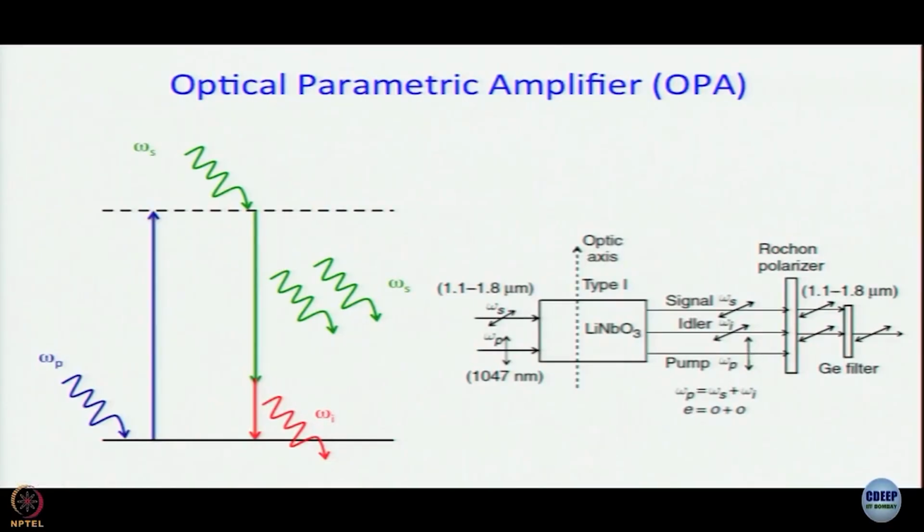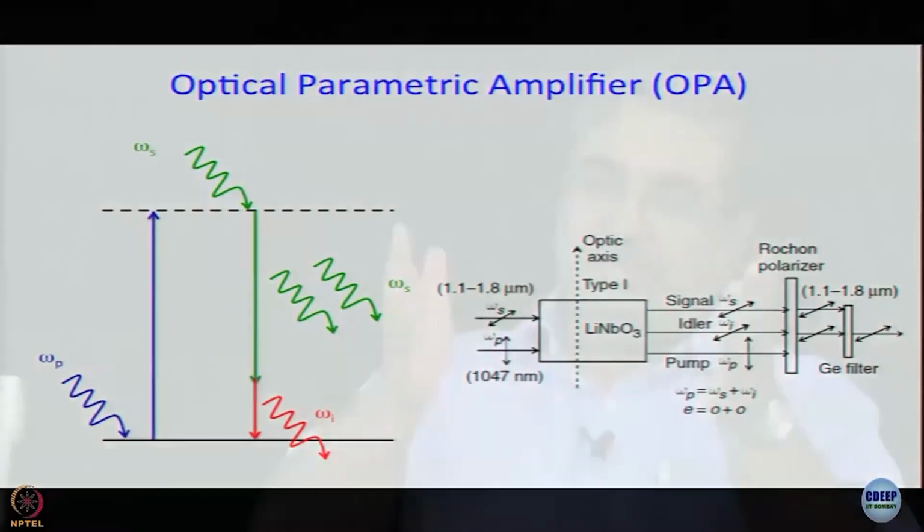Now, it is very easy to take the pump out, just use a polarizer. Here they have used a Rochon polarizer, you can look up what a Rochon polarizer is. It is basically the same as a Wollaston polarizer, you have calcite or something which is cut into two and then joined again, the regular stuff that you have been studying in organic chemistry, rotational polarization, polarimeter, that kind of thing.